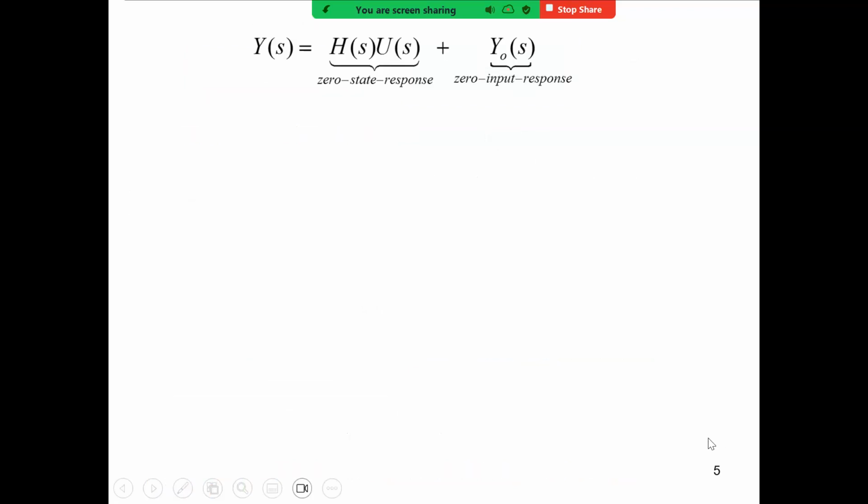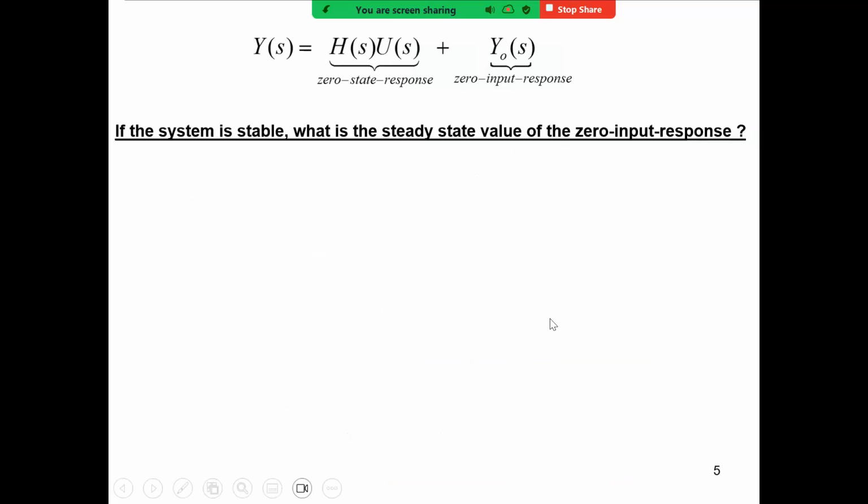Okay, good. Now you are clear that the output is caused by the input and also by some initial condition, right? If the system is stable, what will be the steady state value of the zero input response? If there is no input, what will this term be when time goes to infinity?